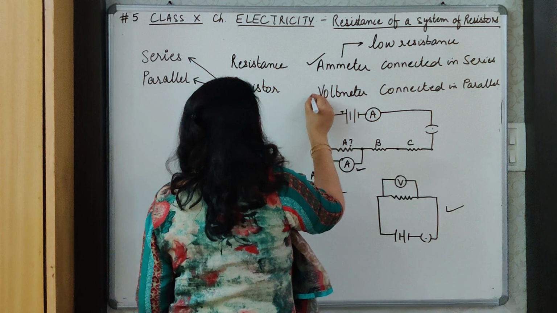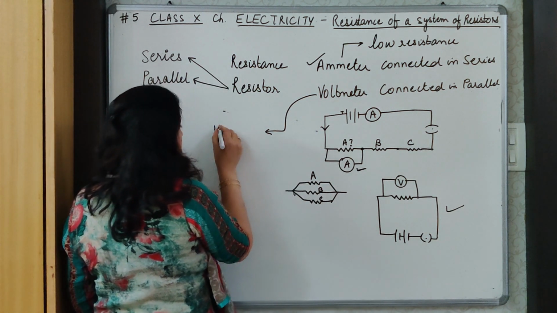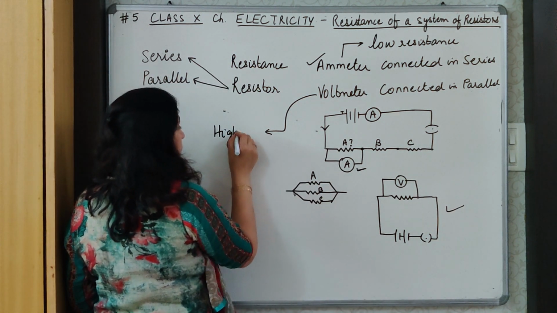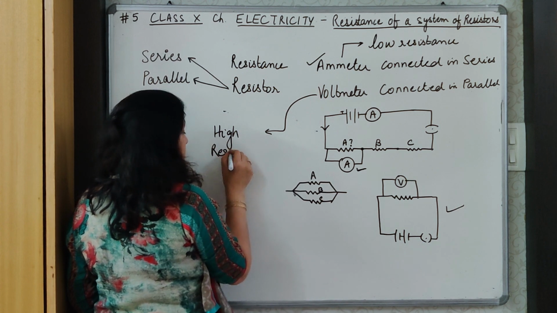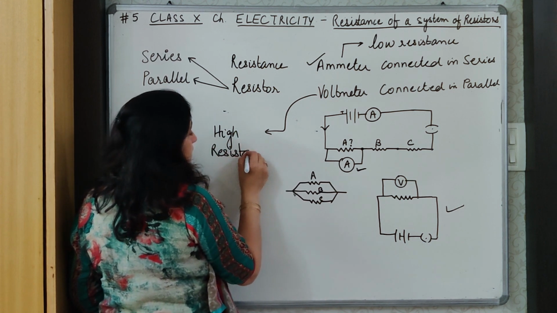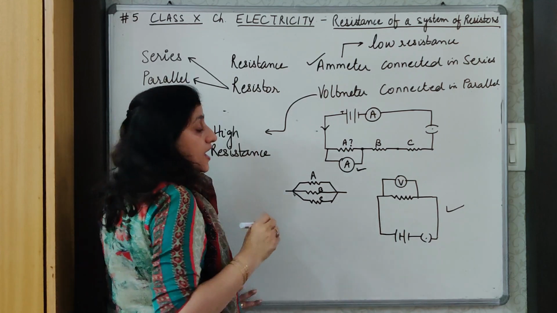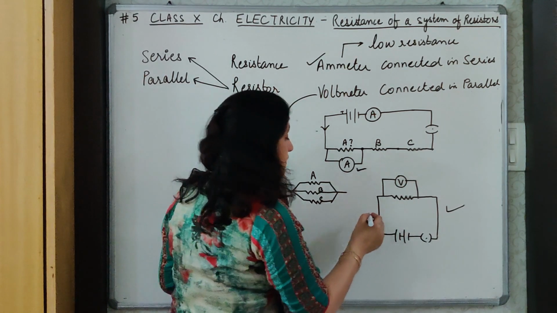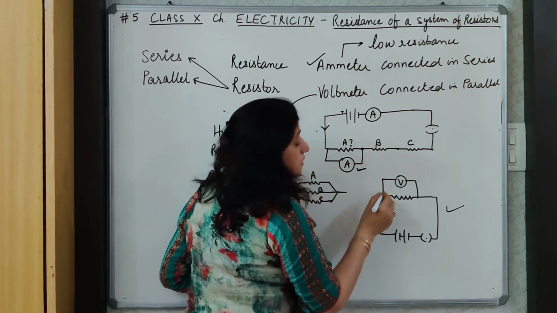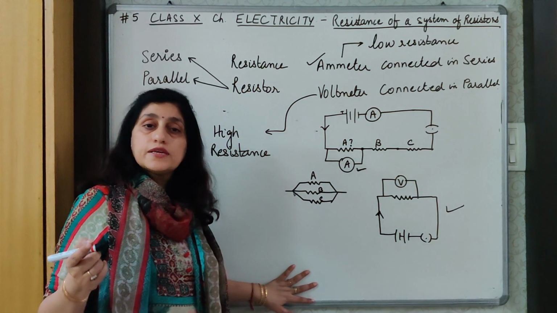low resistance device, a voltmeter is a very high resistance device. And we just said that when the current begins to flow, the current wants to flow through an easy path.